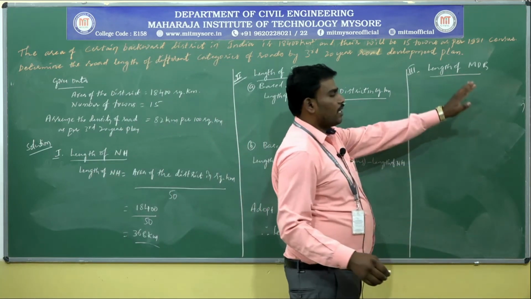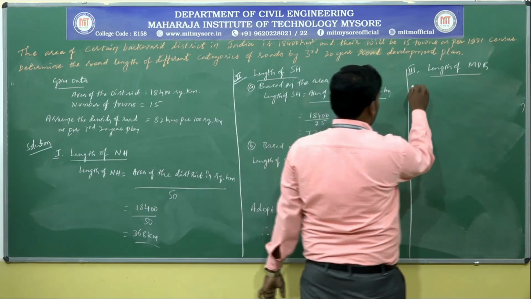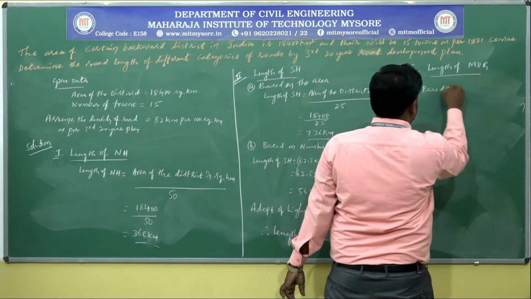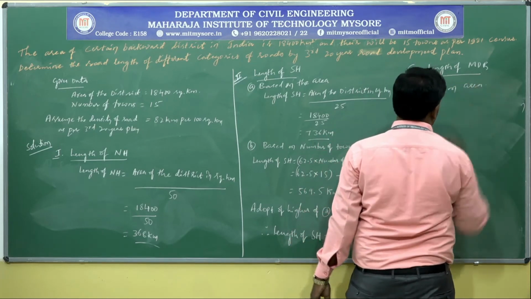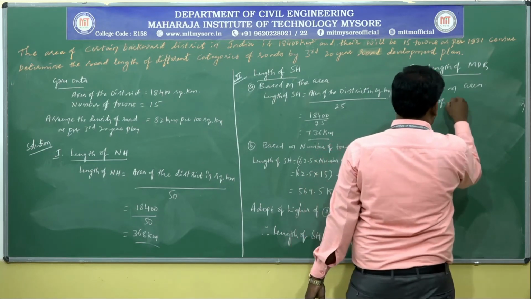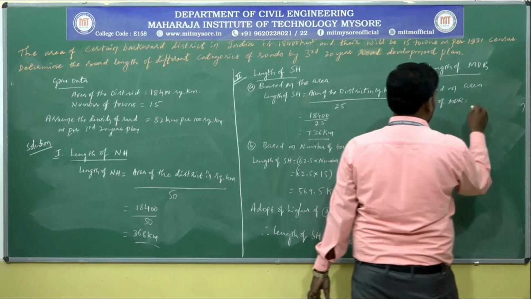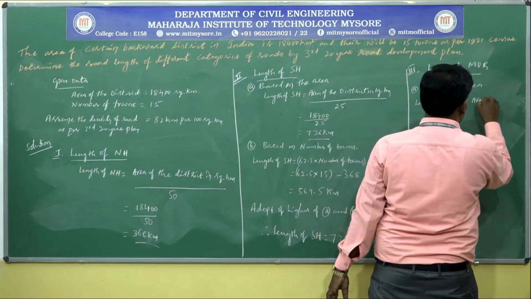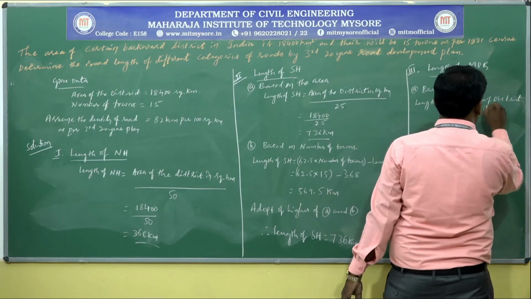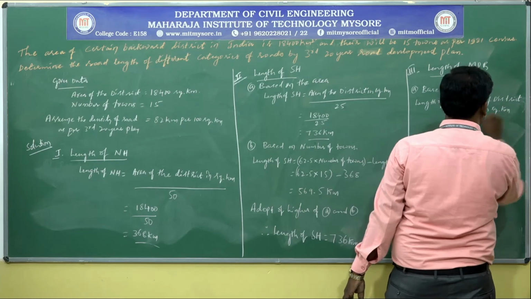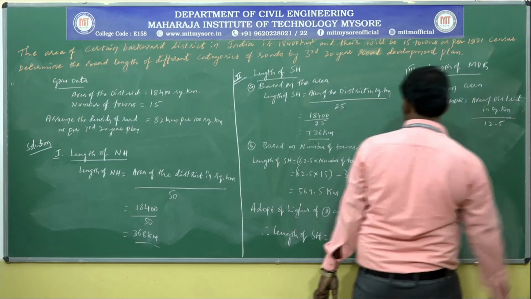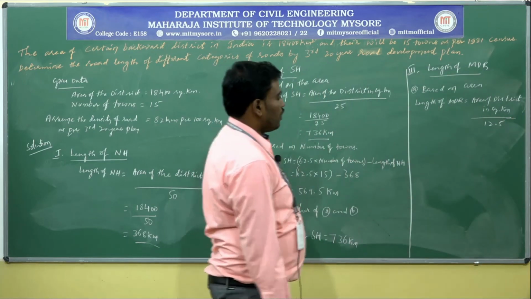For calculating the length of MDR, we also have two relations. First one, number A, based on area: length of MDR is equal to area of the district in square kilometer divided by 12.5.